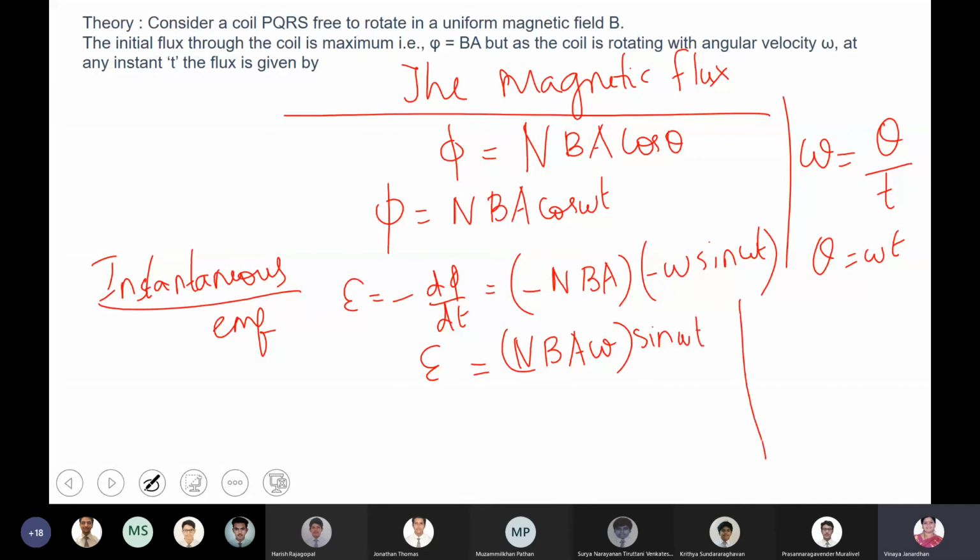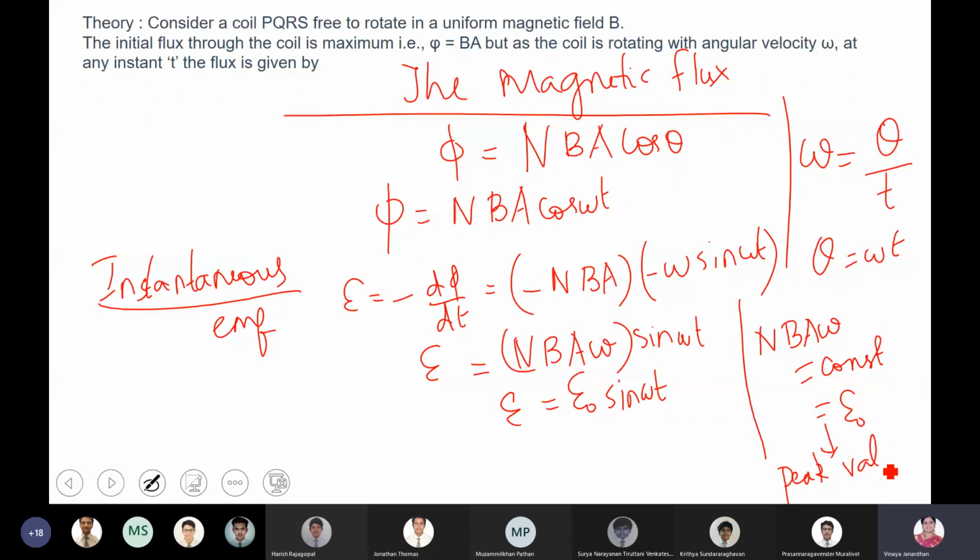Now N, B, A, omega, all these values are constant, and let us represent it by E naught. So E becomes equal to E naught sine omega t, where E naught is called the peak value of your EMF. So this is an expression for your instantaneous EMF induced at any instant.